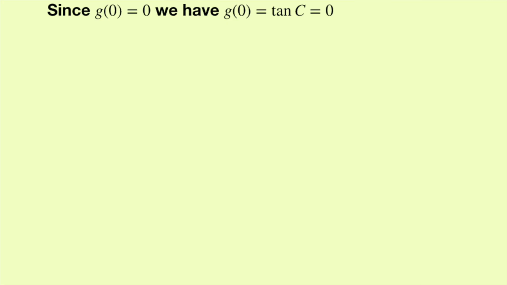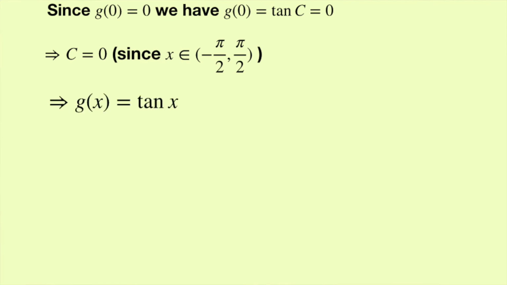Now we take limit as x goes to 0 on both sides. So by property B, we get 0 on the left hand side, which gives us c is equal to 0. Therefore, we have proved that gx has to be tan of x. This solves the problem. Thank you.